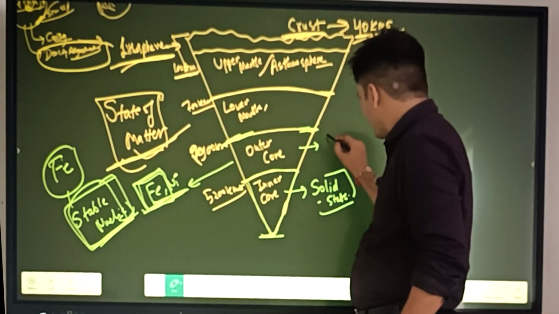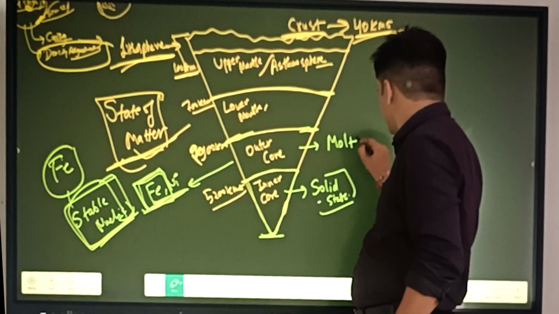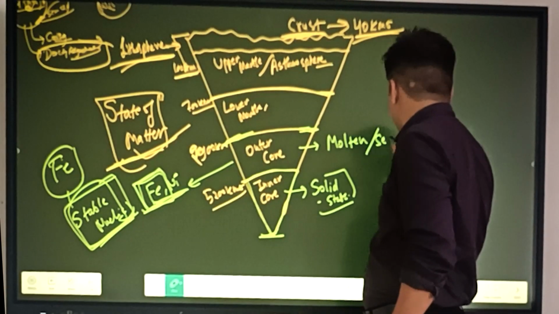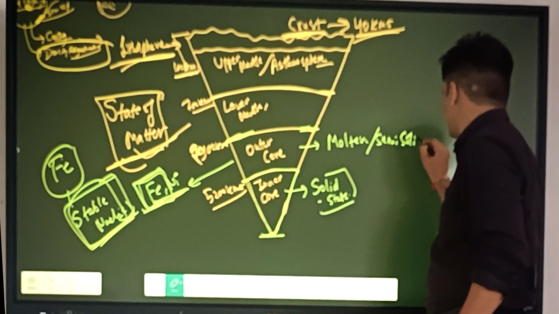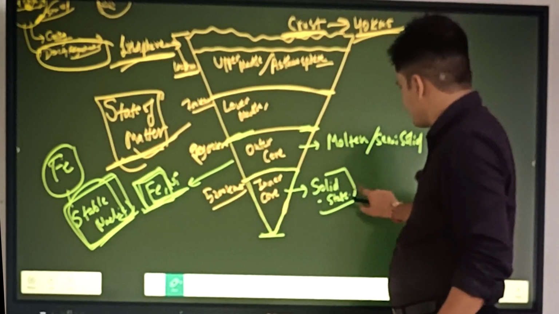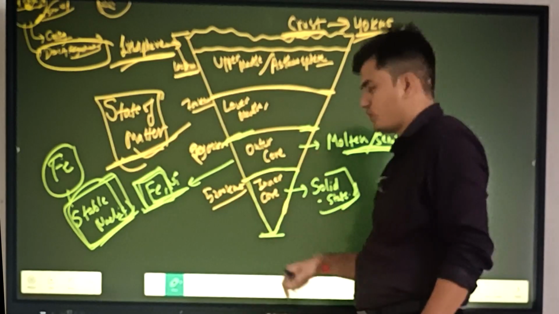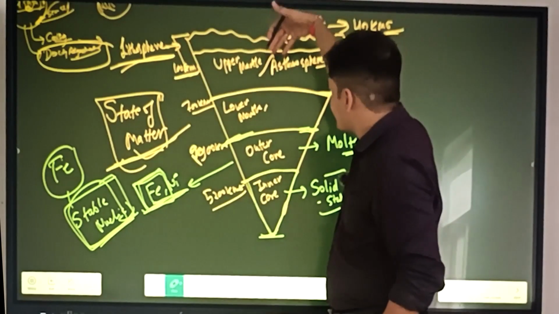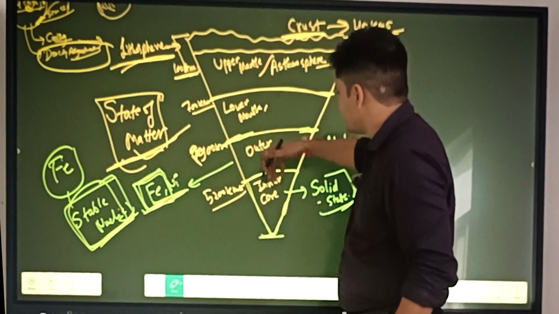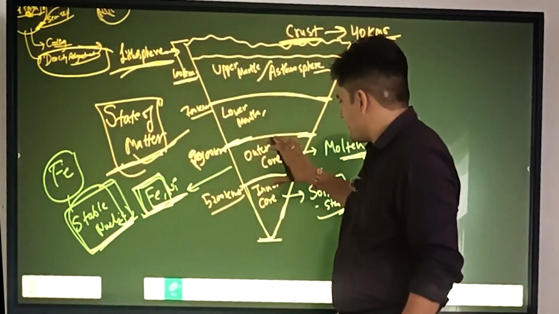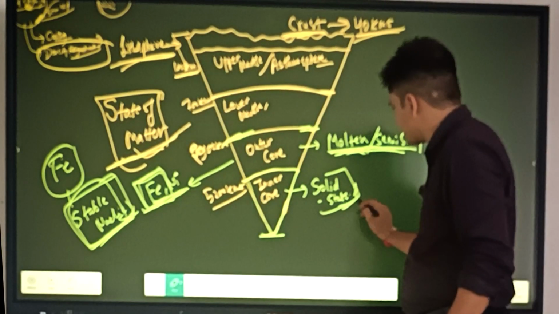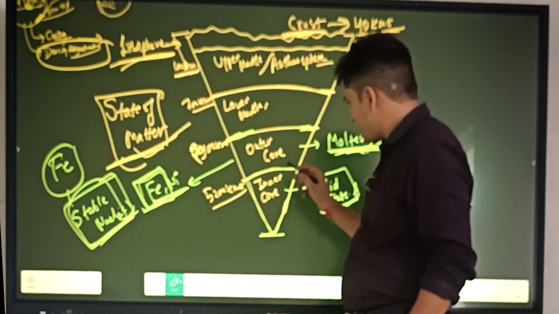But the outer core is in the molten or semi-solid state. Why do we find the solid state in the inner core and the molten or semi-solid state in the outer core? Because the weight, the pressure exerted on the inner core, transforms the material from molten to the solid state.